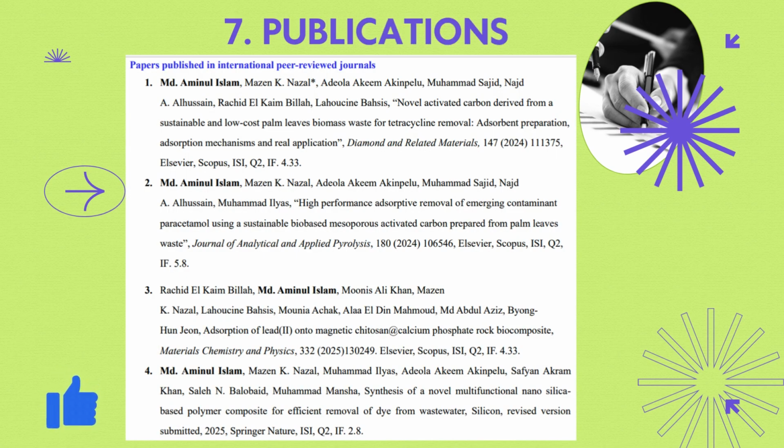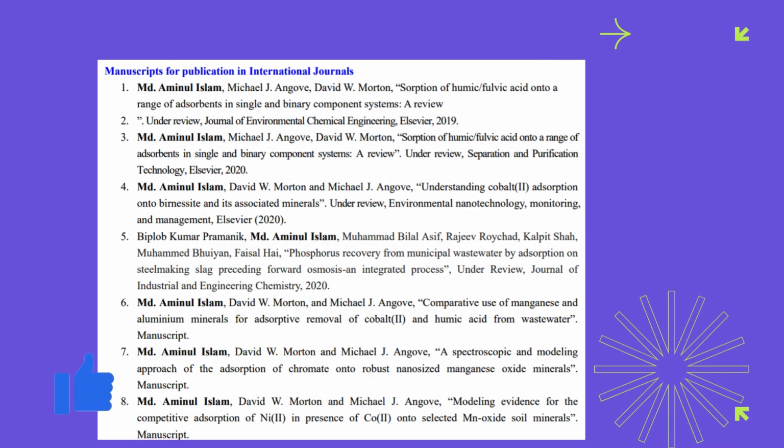Then comes publications. Papers published in international peer-reviewed journals. You can list the papers you have published so far, but keep the recent first. Then comes manuscripts for publication in international journals.